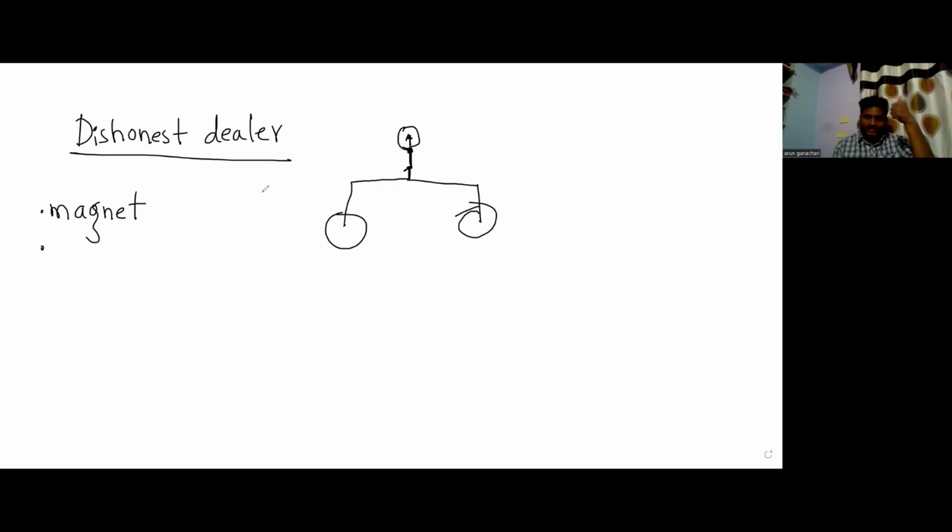So while balancing this part they will shake it. They'll turn it to one end or sometimes they'll turn it to the other end. So change in the balance. Then what are the other ways they cheat?